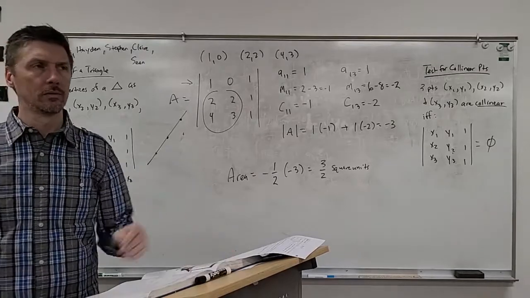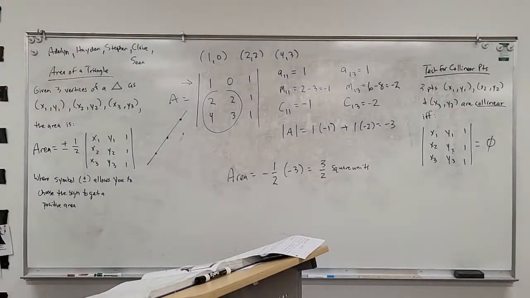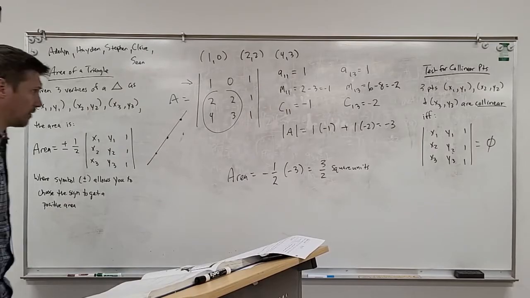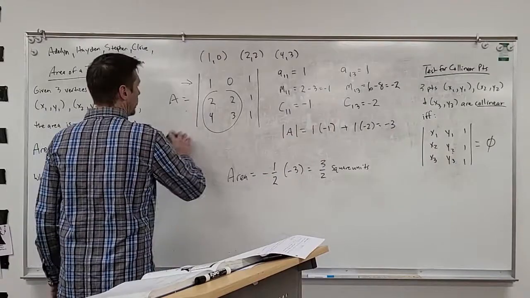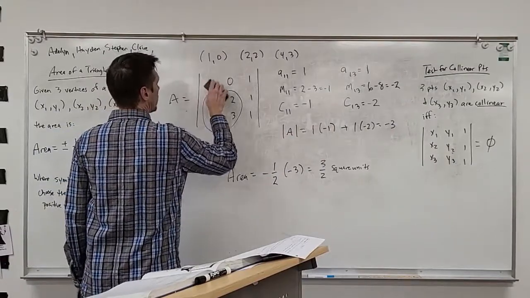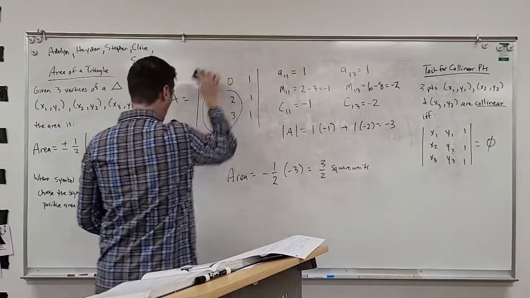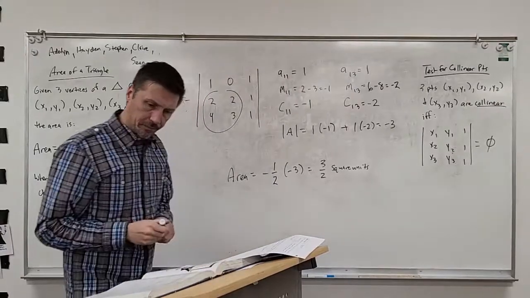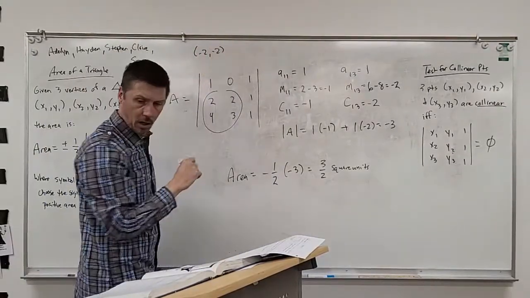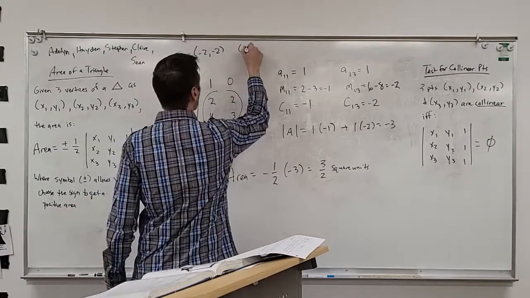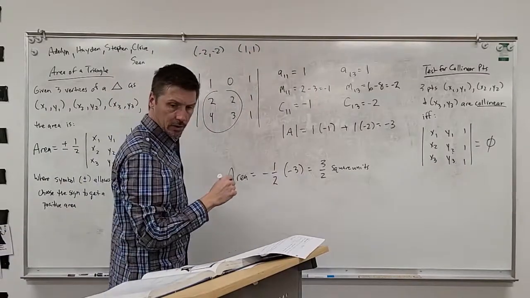So I know we're butting up right against lunch here, but I do think it would be helpful to give you one more time some practice on this. They give us these 3 points: -2, -2, 1, 1, and 7, 5.